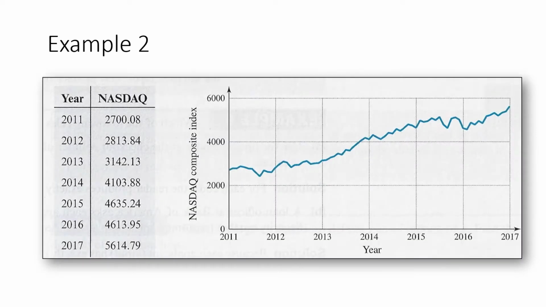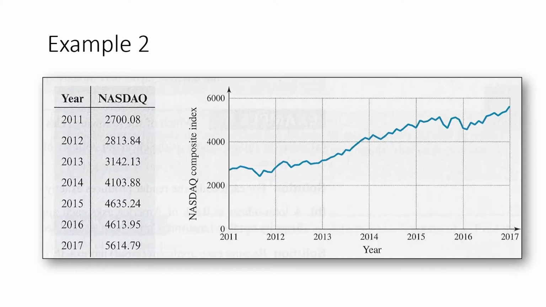The graph and table of data show NASDAQ Composite Index from January 2011 through January 2017. The NASDAQ index is a statistical measure of how well a portion of the market is performing.